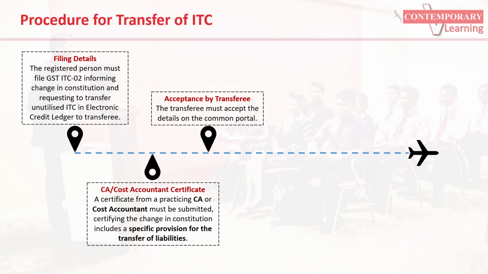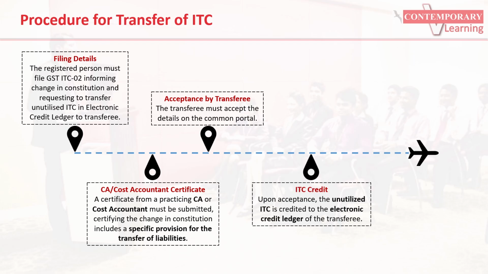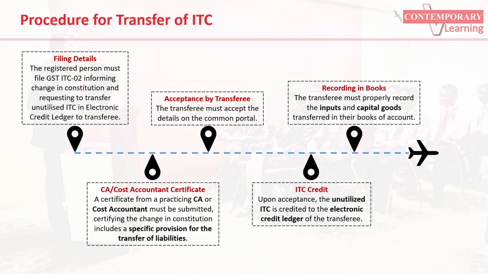The transferee must accept these details on the common portal. Upon acceptance, the unutilized ITC gets credited to the transferee's electronic credit ledger. Finally, the transferee must properly record the transferred inputs and capital goods in their books of account.